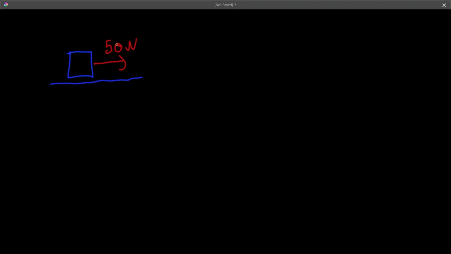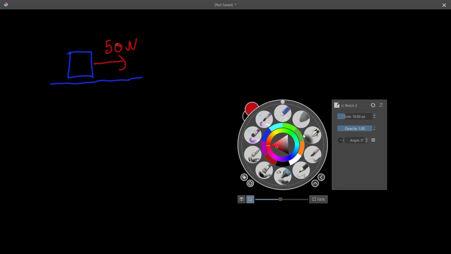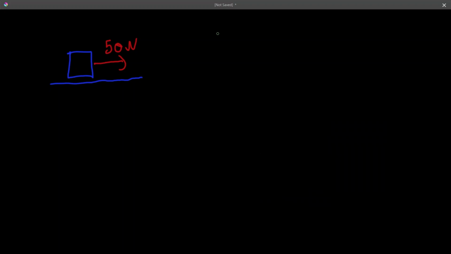And I told you that the mass of this object is, let's make it 12 kilograms, right?